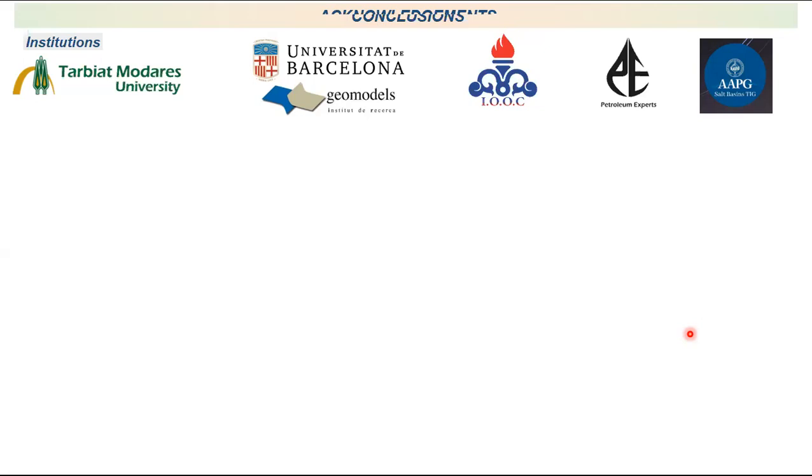They include the university where I have been studying, Tarbiat Modares University, and the University of Barcelona, where I have been for a short stay and used the physical modeling laboratories. I acknowledge the support by IOC that provided the seismic data for this study, and Petroleum Experts for providing the MOVE software to the University of Barcelona, where I've used this software for cross-section restoration.